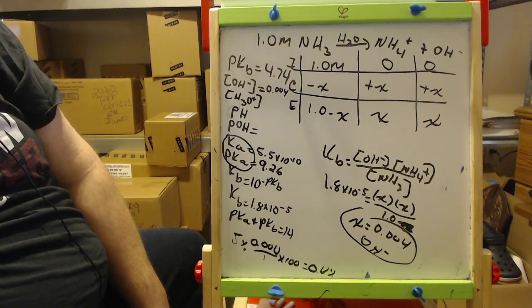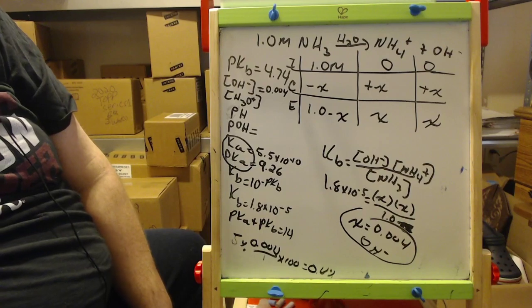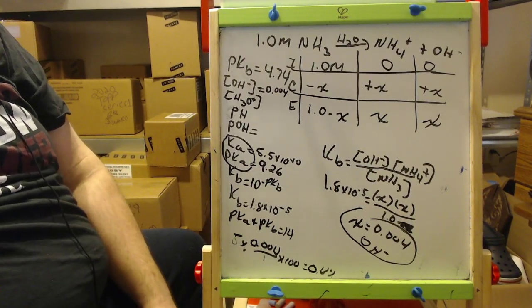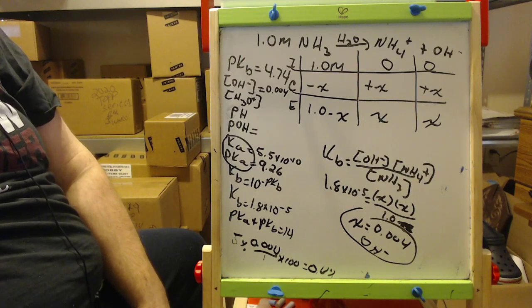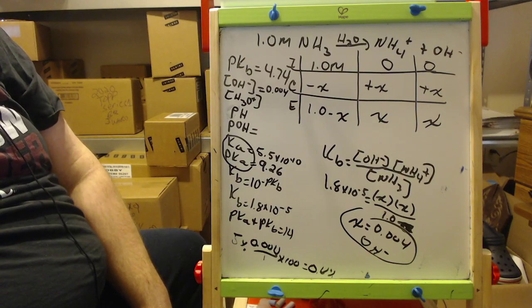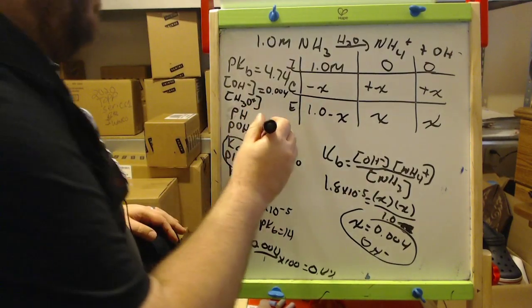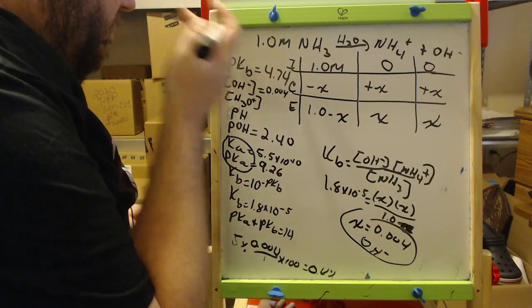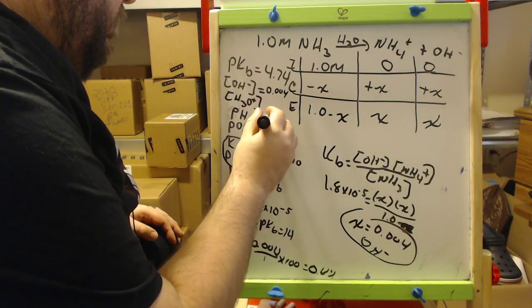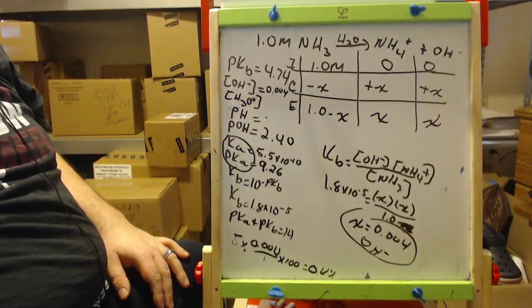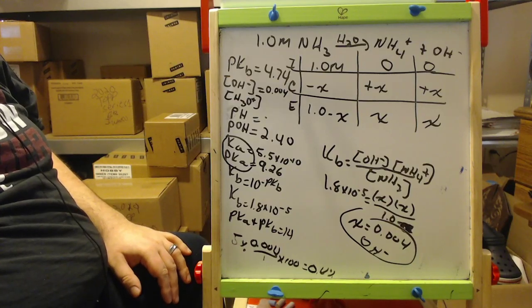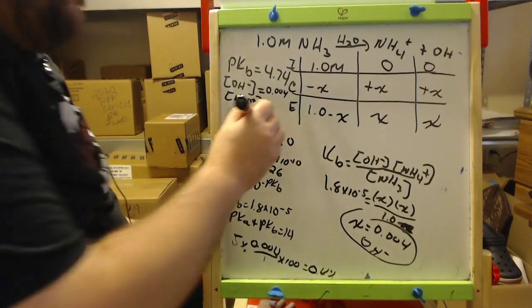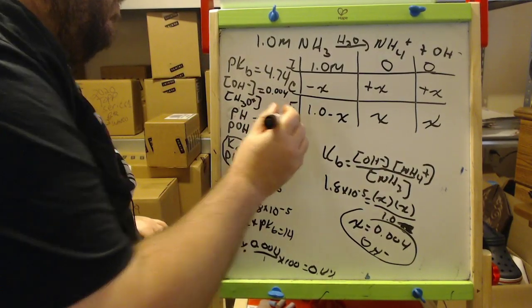All right. 0.004 log. Boom. 2.4, 2.39. The pOH is 2.40. Okay. This is roughly 11.6.